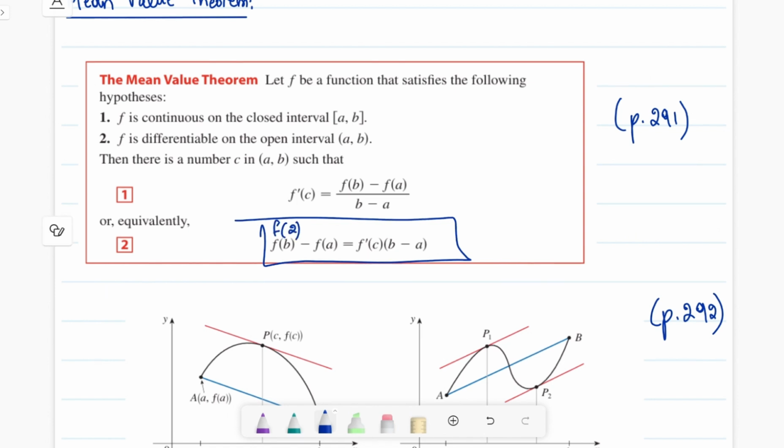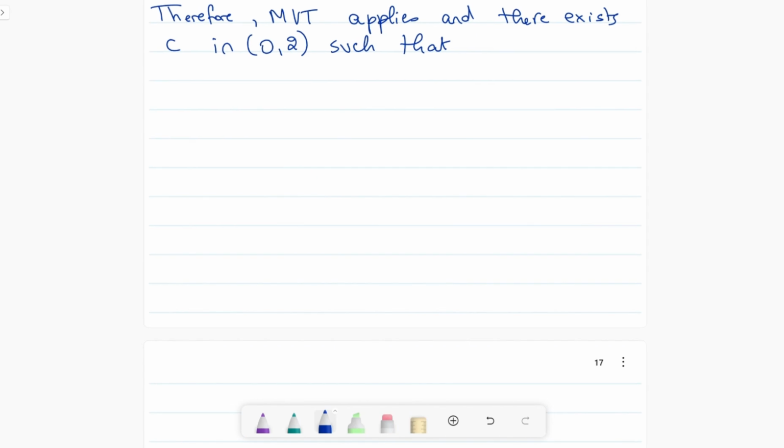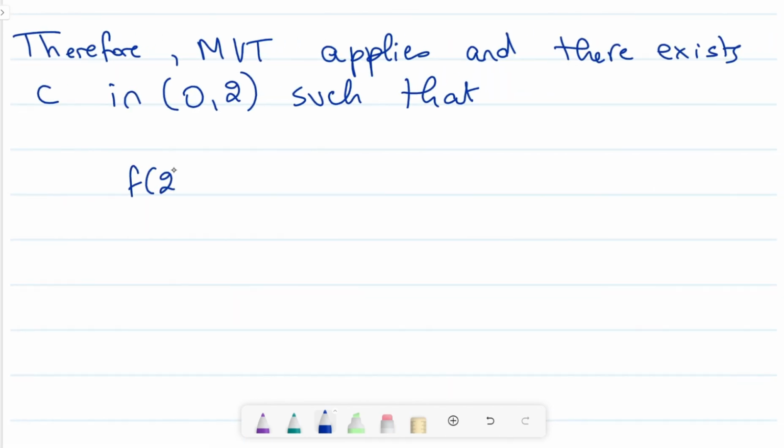So f of 2, because b is 2, minus f of a, so f of 0, is equal to f prime of c times 2 minus 0. Let's write this down. f of 2 minus f of 0 is equal to f prime of c times 2 minus 0. What is f of 2?